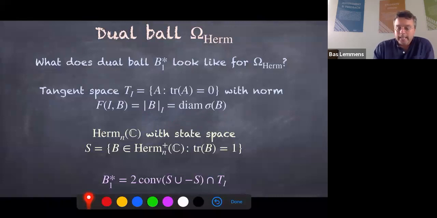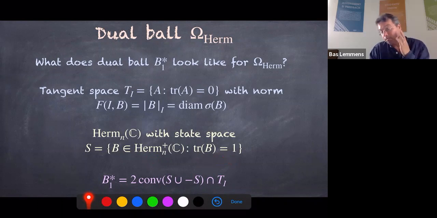Then to express the dual ball, there are some nice tricks, but what we can do is look at what is called the state space of this Euclidean Jordan algebra. The state space consists of all those positive semi-definite Hermitian matrices which have trace 1.